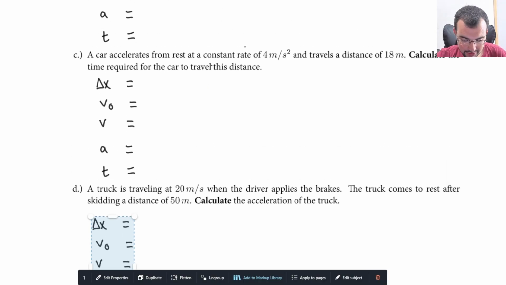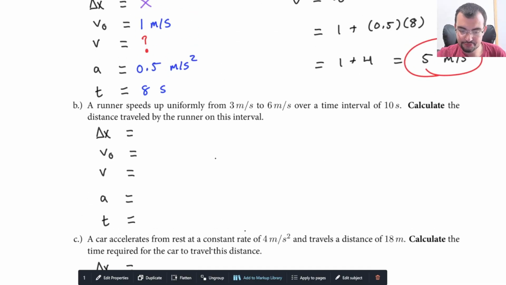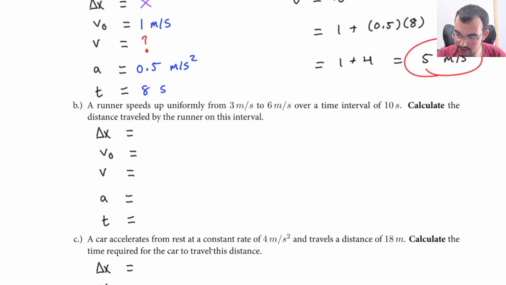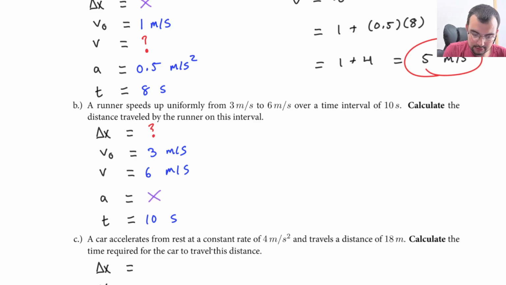All right. A runner speeds up uniformly from 3 meters per second to 6 meters per second over 10 seconds. Calculate the distance traveled by the runner. So that means that we have no acceleration.